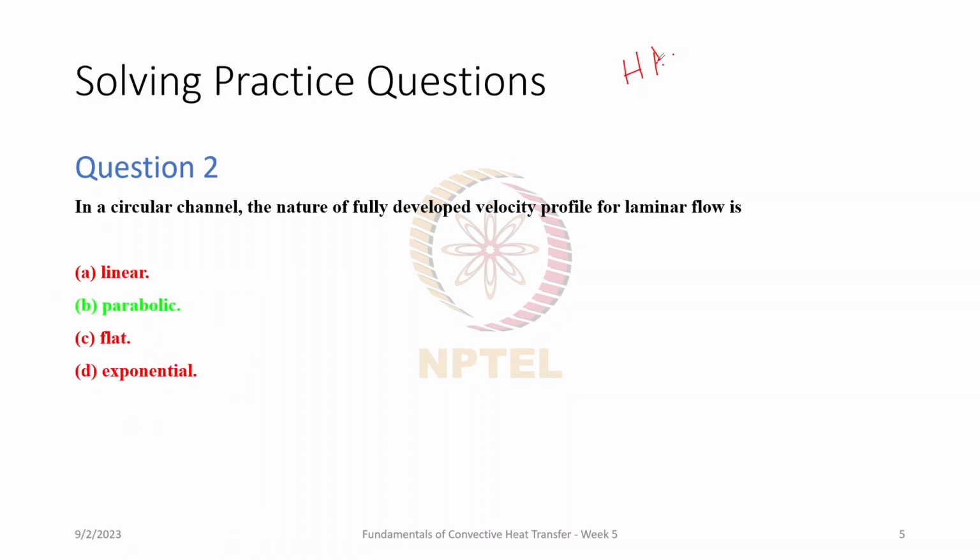Okay, so this is known as Hagen-Poiseuille equation.